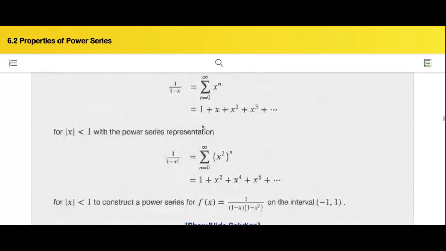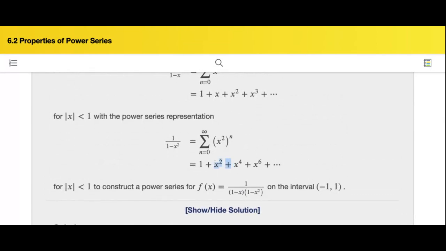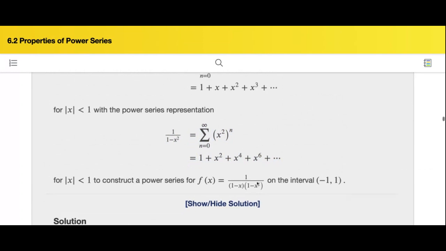The first one is 1 plus x plus x squared, and so on, where the power is raised by 1. The second one has the power raised by 2, because the ratio is x squared. So we see 1 plus x squared plus x to the 4, and so on.